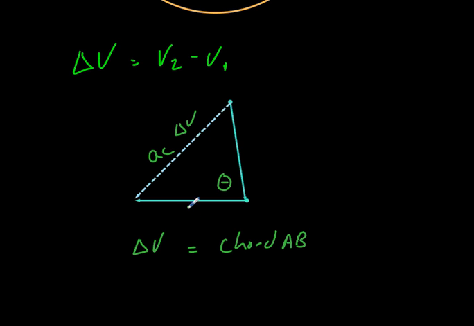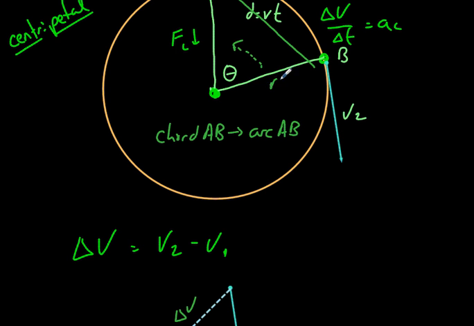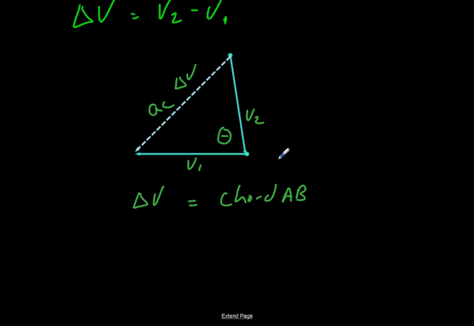This was V1 and this is V2, and this is the radius, there's the radius of this circle. Are you with me? So then the ratio of V1 to delta V, or any of these V's, which are the same size in terms of their magnitude, should be the same as chord AB over R.